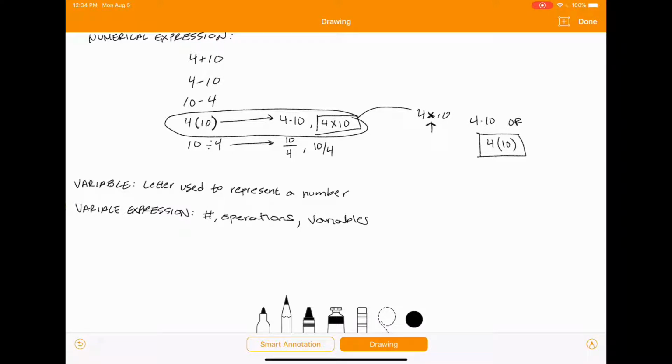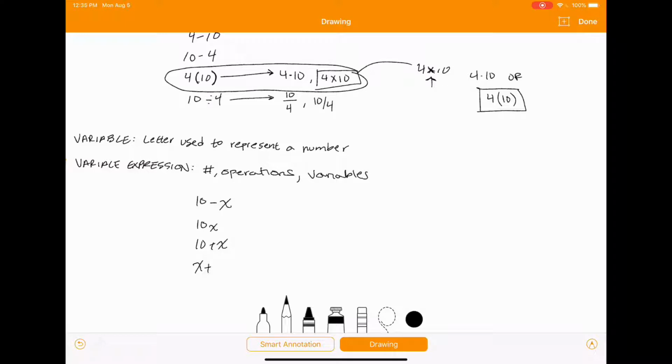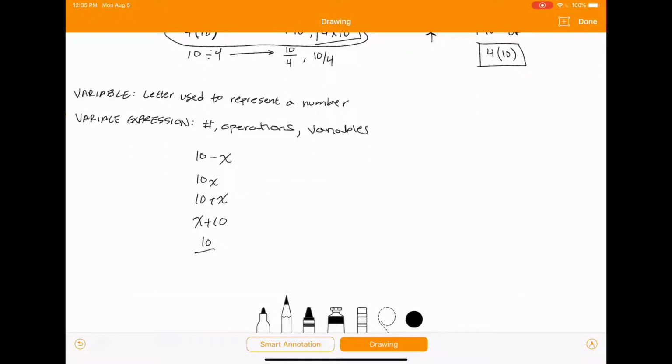So for example, you might have an expression that looks something like that, 10 minus x, or 10x, 10 plus x, x plus 10, 10 divided by x. All those are variable expressions, and in all of these cases, x is your variable.